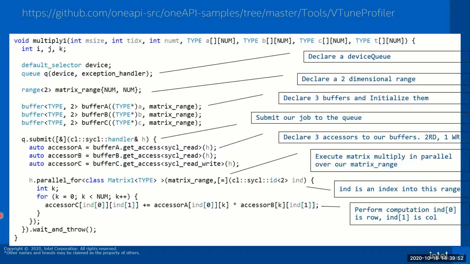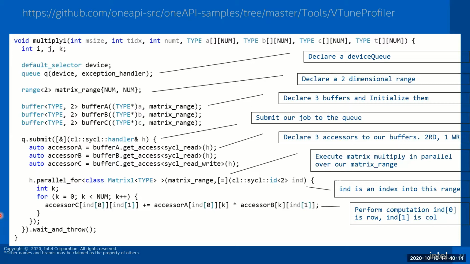Multiply one is, I would say, a naive implementation of matrix multiplication with DPC++. We don't want to go too deep into understanding what each source line is doing.